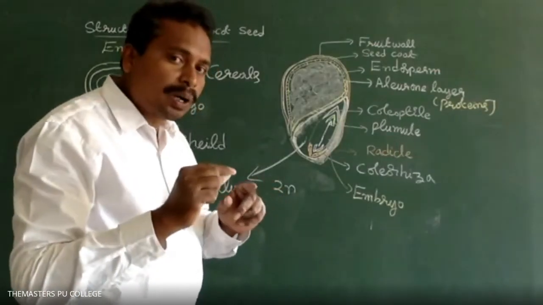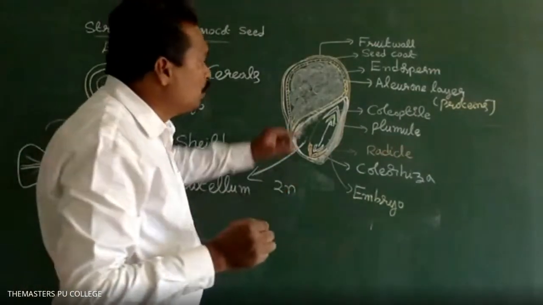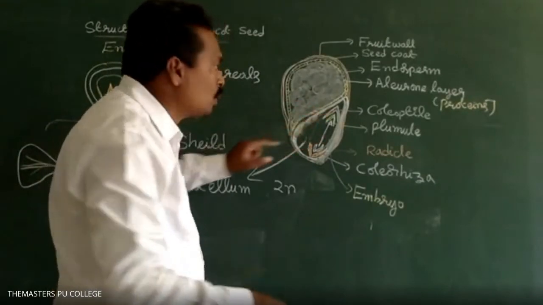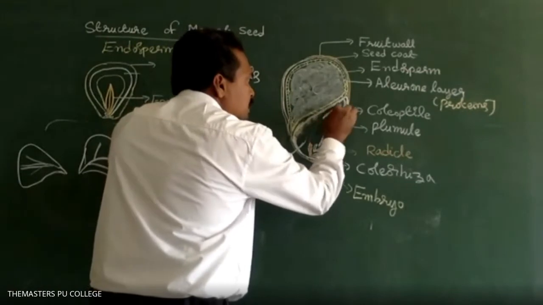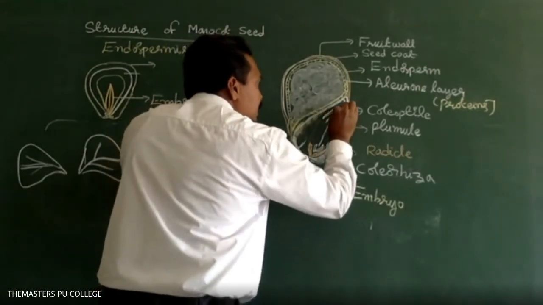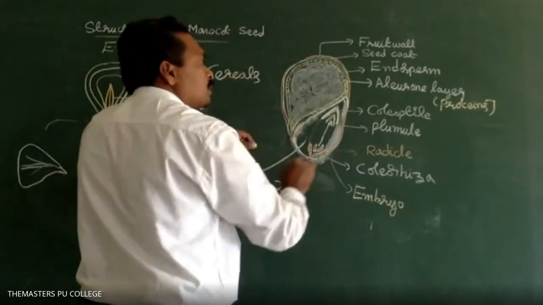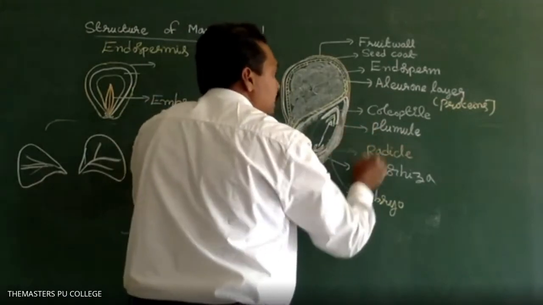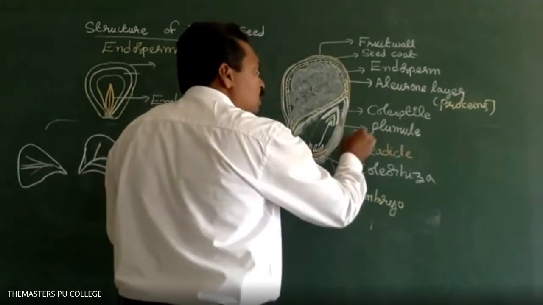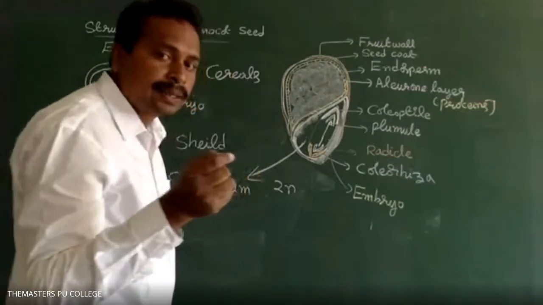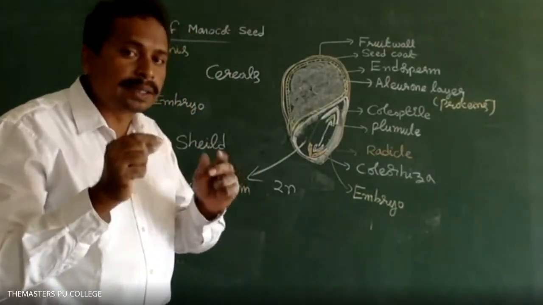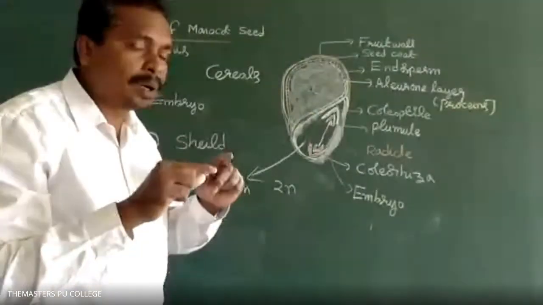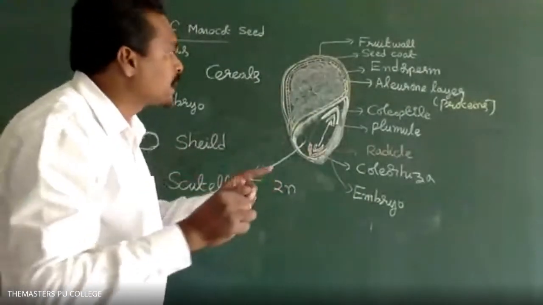In monocotyledonous seeds, the plumule part is enclosed. So this is the plumule. The plumule part is covered by a sheath-like structure that is called coleoptile.